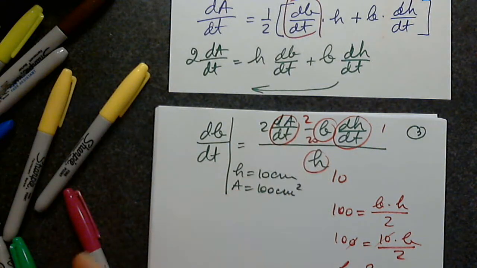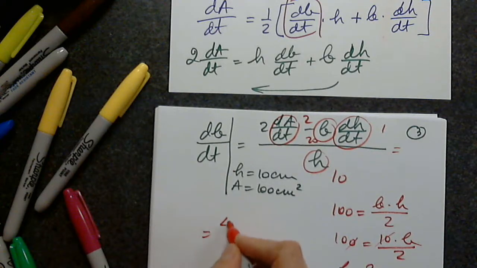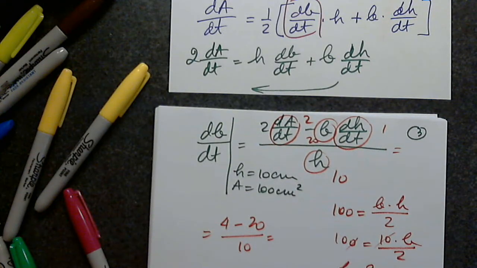So 2 times 2 is 4, minus 20 divided by 10. So that's negative 16 divided by 10.